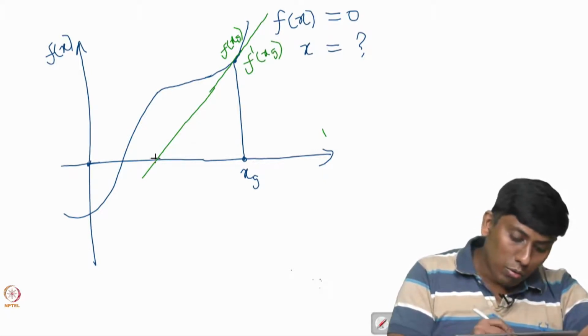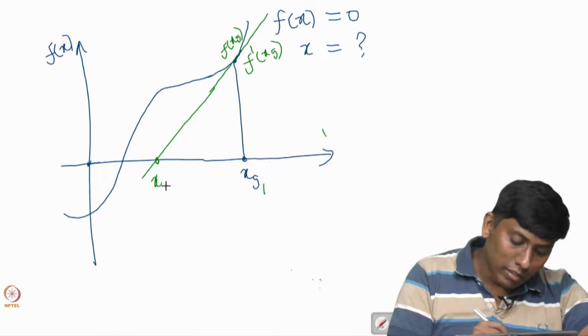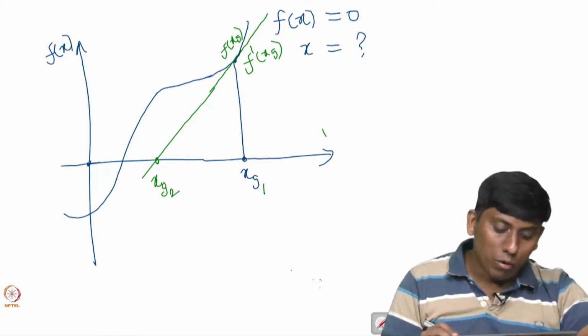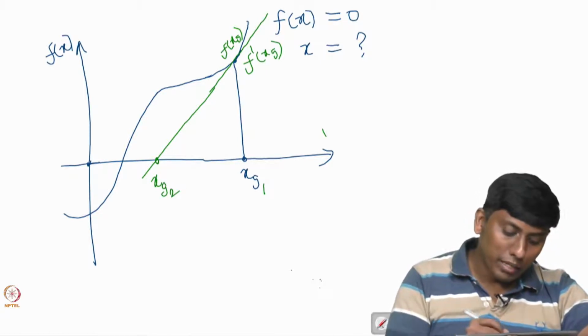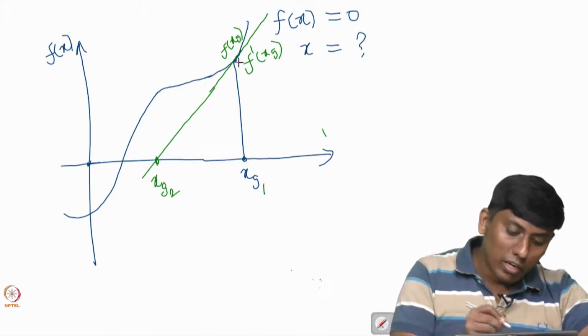Now you can see this is ending on the x axis somewhere. I call this x g 1 and this x g 2. This value is going to be 0, and this I know.